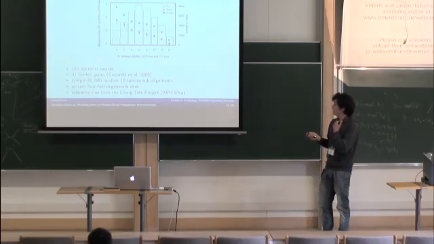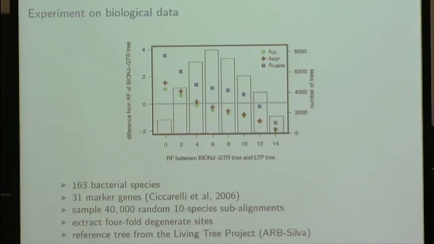We compared it against the reference tree using the Robinson-Foulds distance, and then we binned the trees according to their Robinson-Foulds distance along the x-axis here. And then we reconstructed for each bin the trees again using our three methods which we wanted to compare.